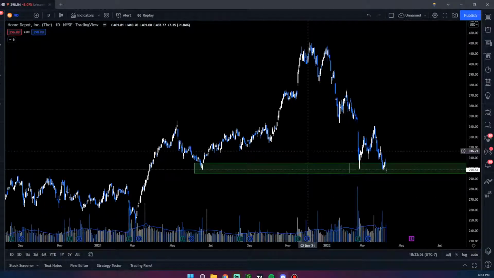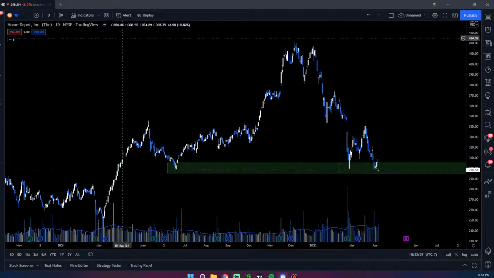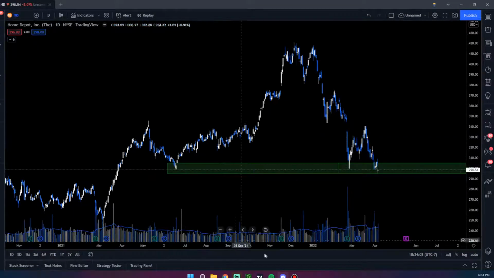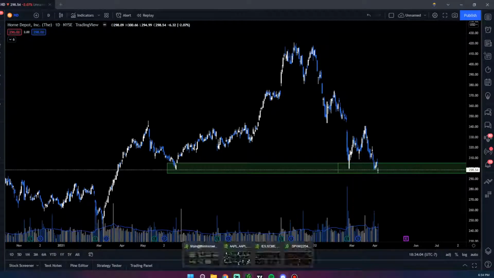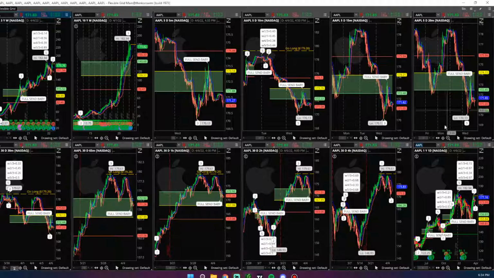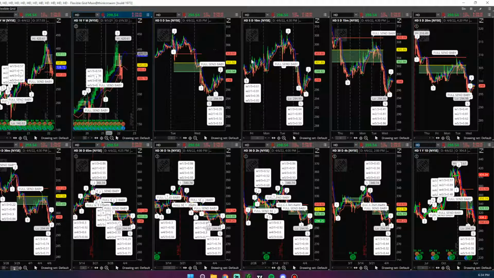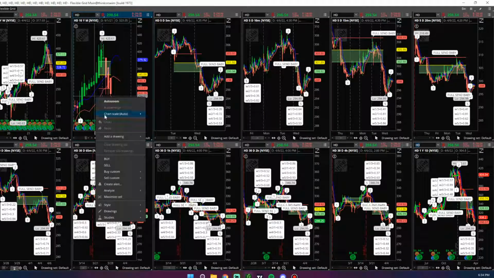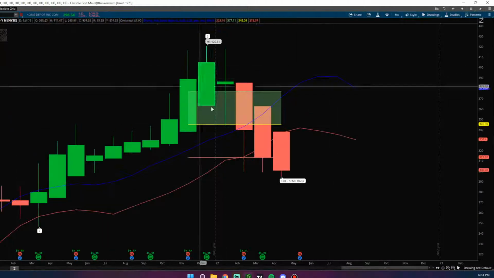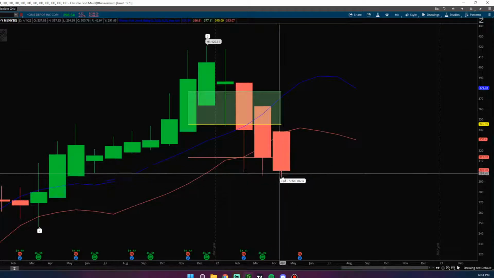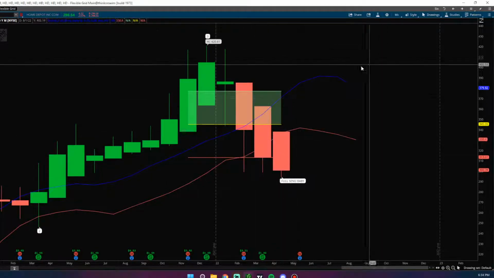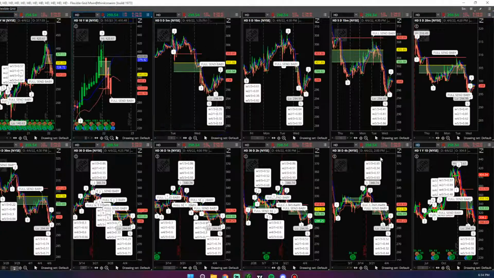Really quick before I start, you can see I'm looking at HD on the daily chart. For the people in Shorty's Discord, this is the 1 month chart, so 12-year, 1 month. We have a bullish full send, so I'm going to be playing this.